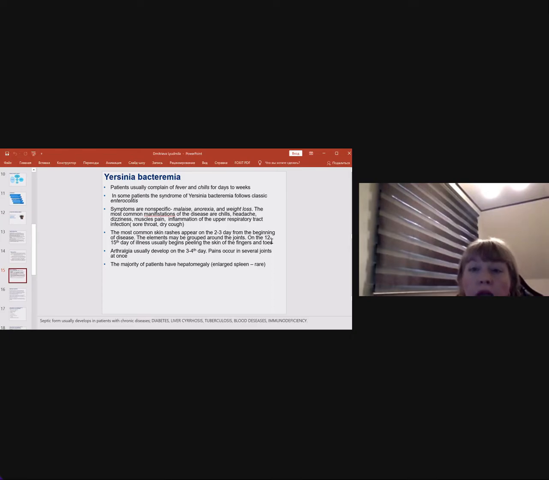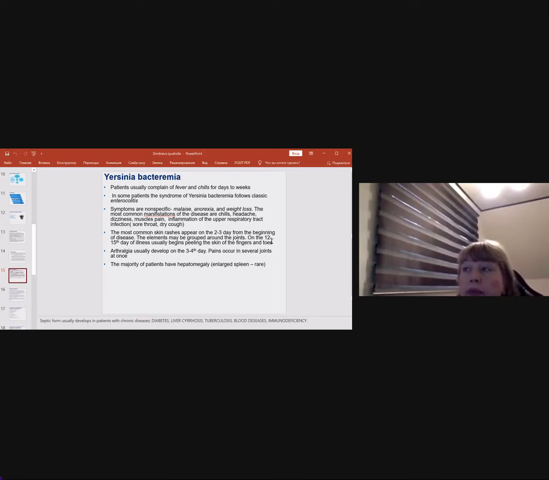Yes, we can use antibiotics in a severe course of acute viral hepatitis, but if the patient has a moderate course of the disease, antibiotics have no effect. But in yersiniosis, if we begin to treat our patients using antibiotics, jaundice decreases very quickly. Okay. Generalized form.